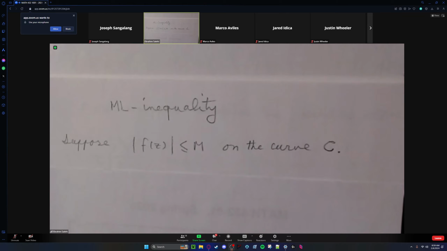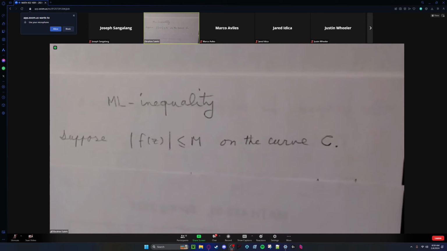When you take the modulus, you get a real number. For that one, we can talk about the inequality. All right. So suppose |f(z)| is less than or equal to M.